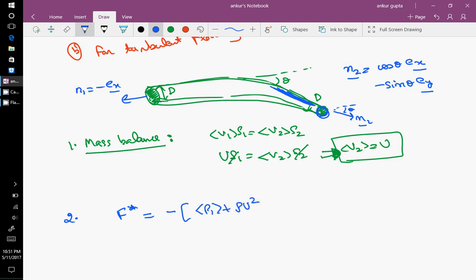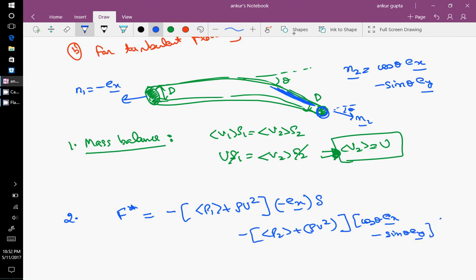It is turbulent flow, so I can directly use the mean of velocity square equal to mean velocity square, into n1, which is minus ex, times s, which is the area, same in both s1 and s2, minus p2 plus rho u square, because again velocity 2 is equal to u, and the mean of velocity 2 square is also mean velocity 2 whole square, which is rho u square, into n2, which is cos theta ex minus sin theta ey, into s.